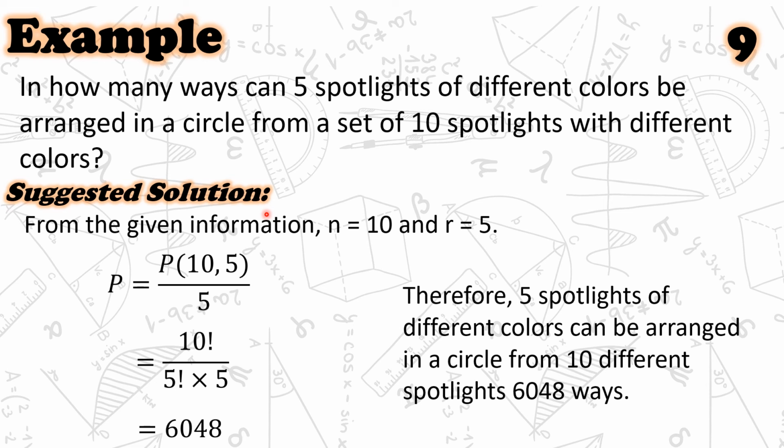Therefore, 5 spotlights of different colors can be arranged in a circle from 10 different spotlights in 6,048 ways.